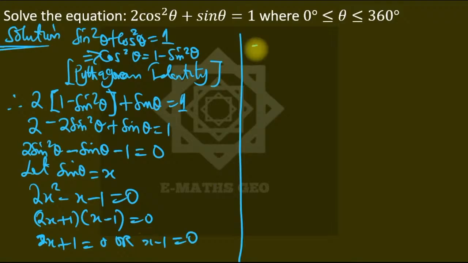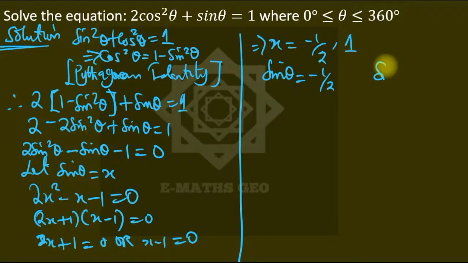So from here, making x the subject of formula, we have x is minus 1 over 2, and here we have it as 1. But we are not asked to find x, we are asked to find theta. So sine theta is minus half and sine theta is 1. So x is minus half or 1.